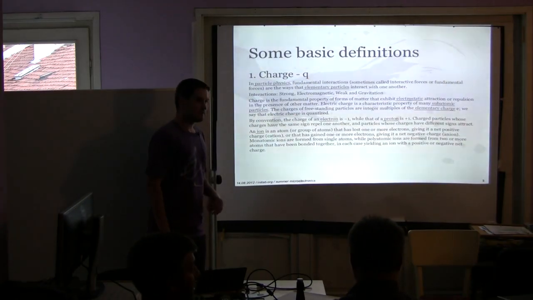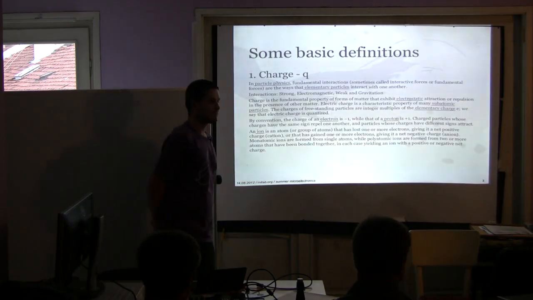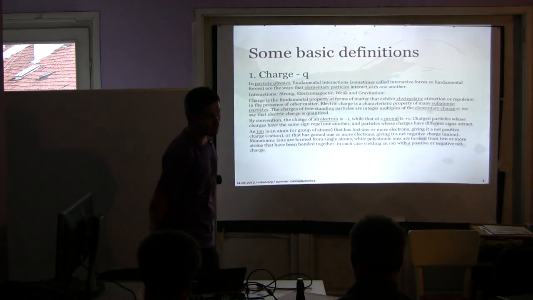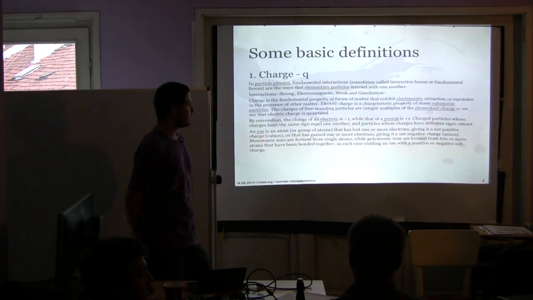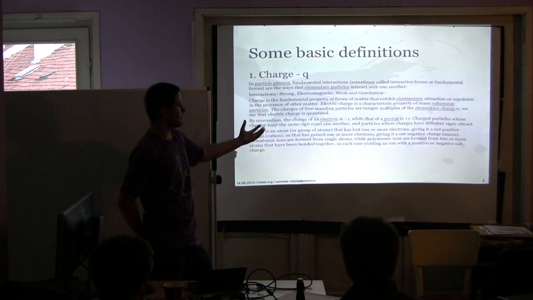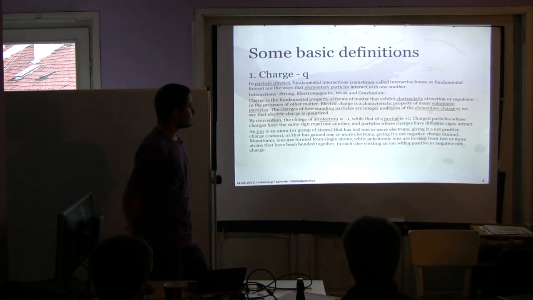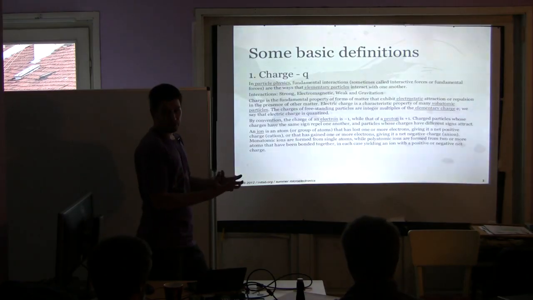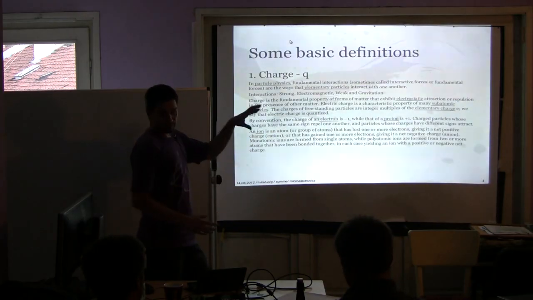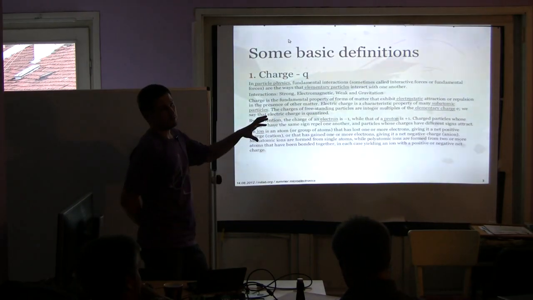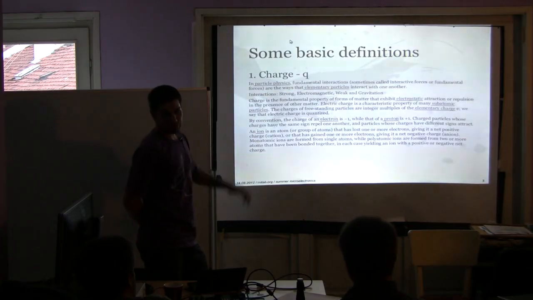So what is the difference between two charges? Voltage is the difference between two charges. Yes, no. Potentials. Yeah, potentials, yes, but the charges are the components that define the potential of the system. So we have a potential difference between these charges.